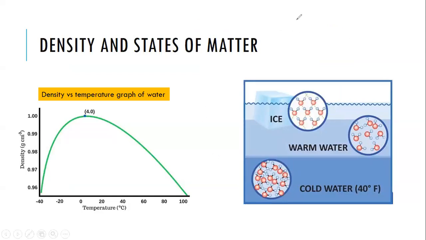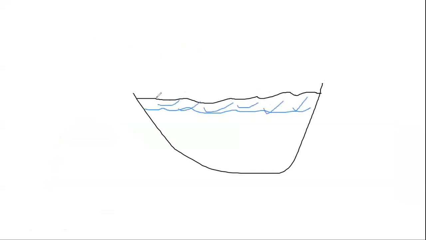Imagine, I'm just taking you to a slide. We are almost done, last 1 minute. Imagine that this is a lake. This is the surface of the water, and when the outside is very cold, it will freeze from the top. It will be like an insulation layer, and at the bottom there will be water at around 4 degrees Celsius.